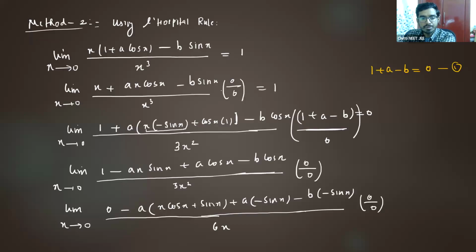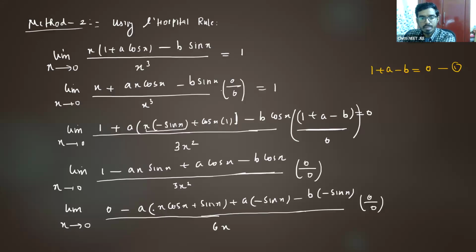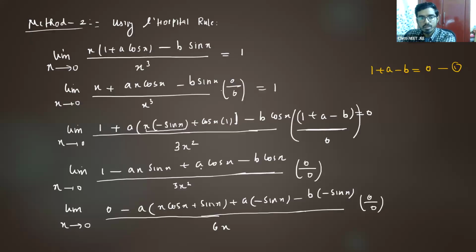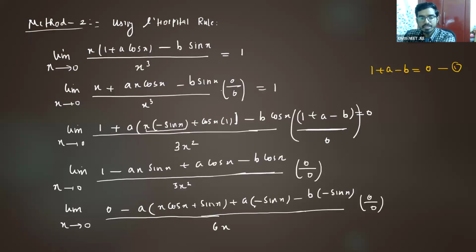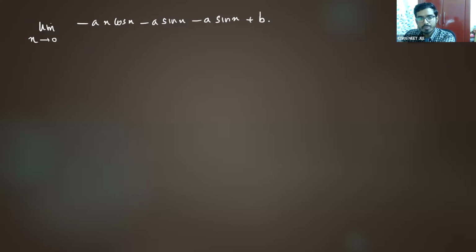So you have limit x tending to 0 minus ax cos x minus ax cos x minus a sin x. And here we have minus a sin x. And here minus a sin x. And here we have plus b sin x whole divided by 6x. So it is of the form 0 by 0.